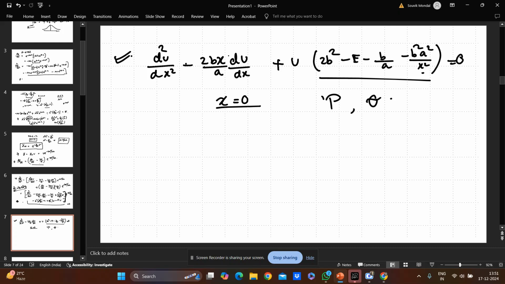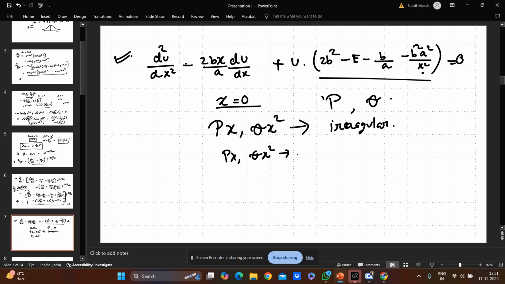If px and qx square both are diverging at x is equal to 0, then it is an irregular singular point. But if px and qx square are finite, not diverging at x is equal to 0, then it is a regular singular point.